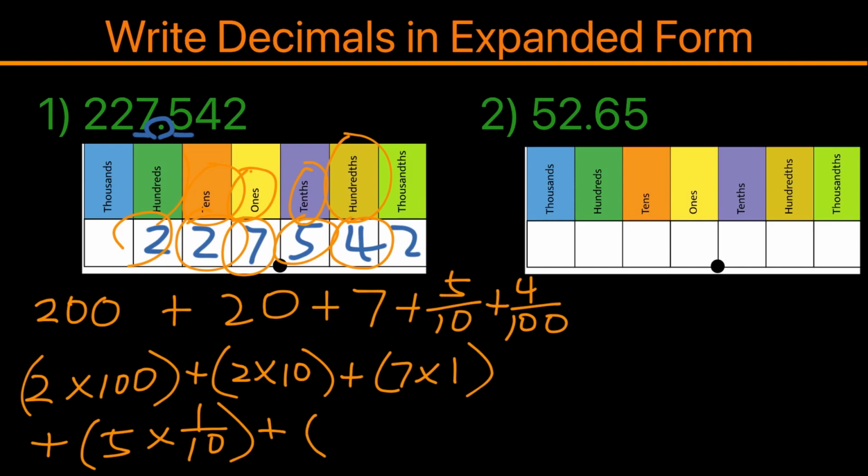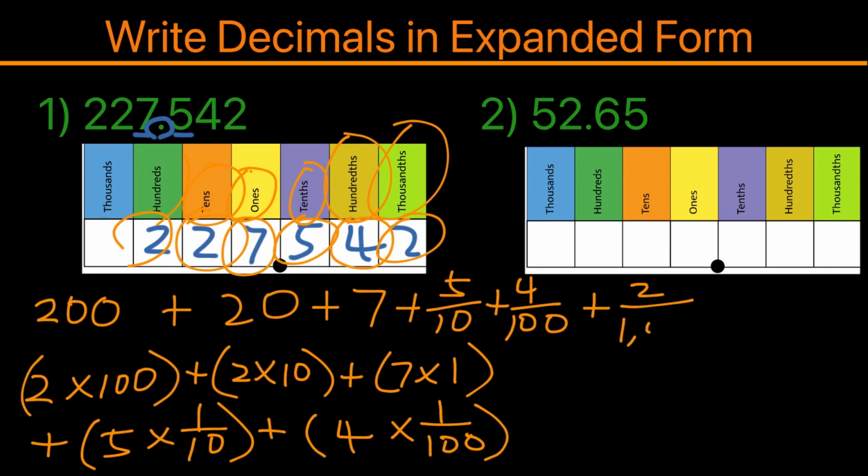And we can write it in expanded form, 4 times 1/100. And lastly, we have 2 in the thousandths, so 2 times 1,000th is 2 thousandths. And we will write it as 2 times 1 over 1,000.